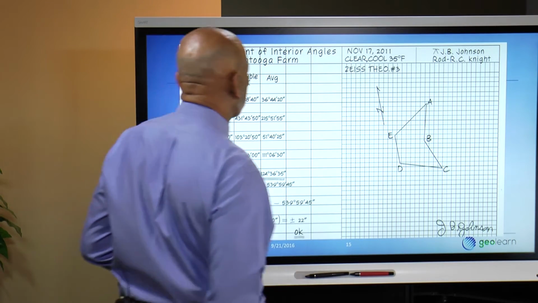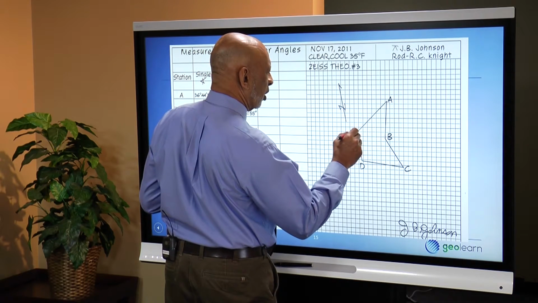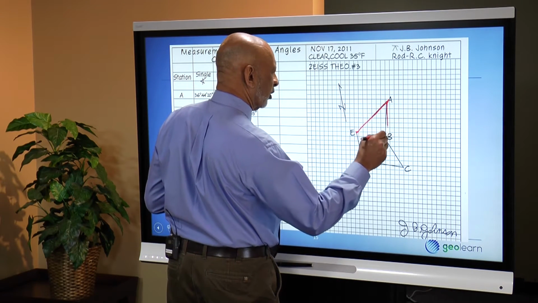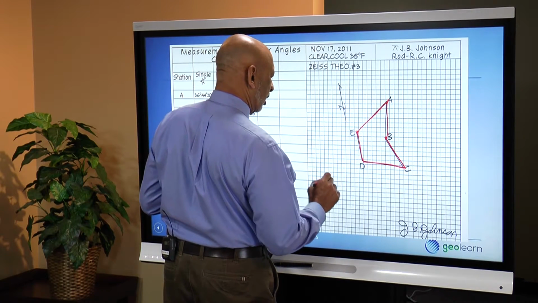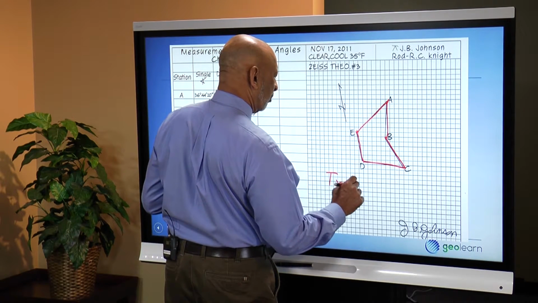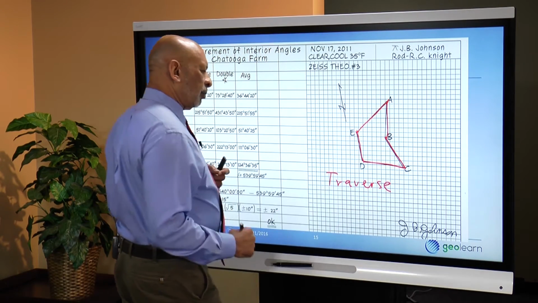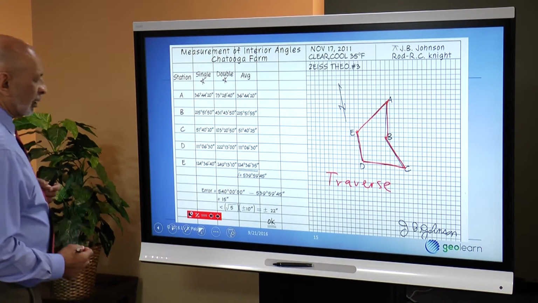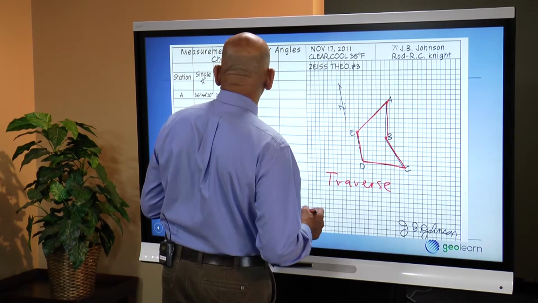But most surveying involves the measurement of a closed figure. We often refer to this as a polygon, but in surveying parlance, we often call this a traverse, and the process of measurement traversing. And traversing simply means that we measure these angles.